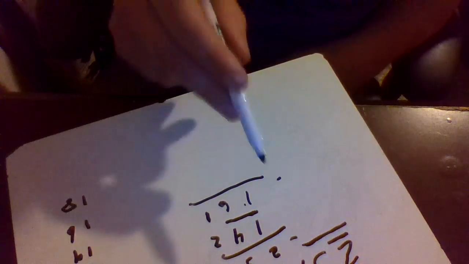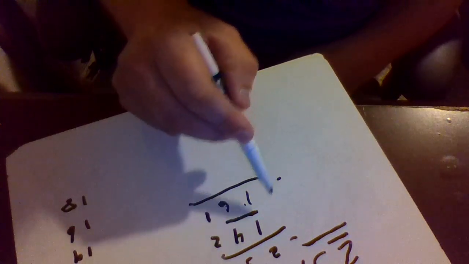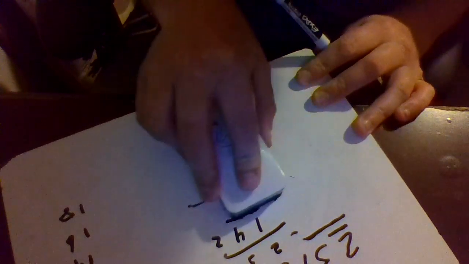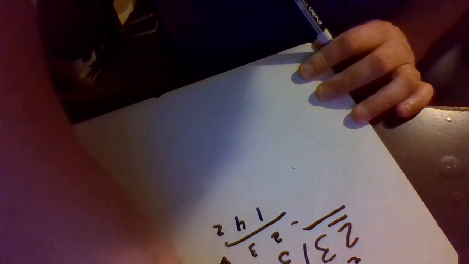Even with regrouping, we can't do that. So that means that we have to erase this. I'm going to erase that line and erase our 7 and our 2 that we carried, and we're going to start over. And we're going to go one number down.